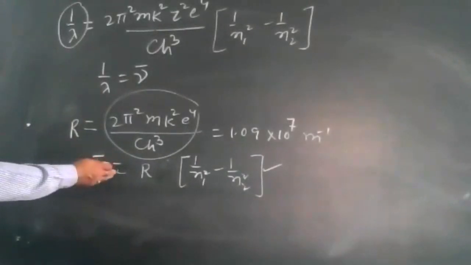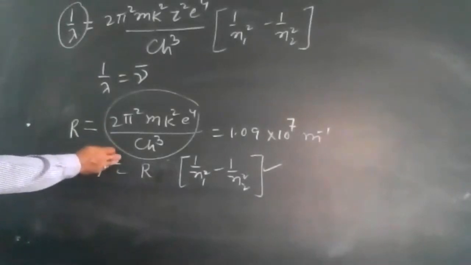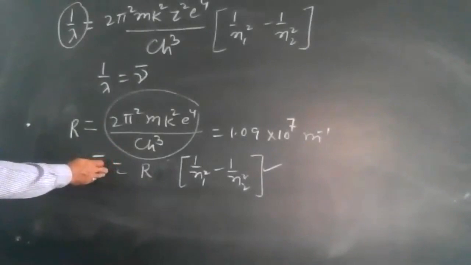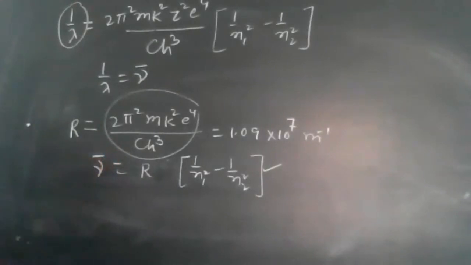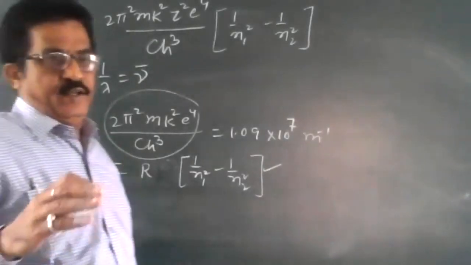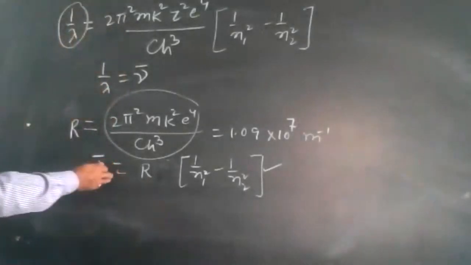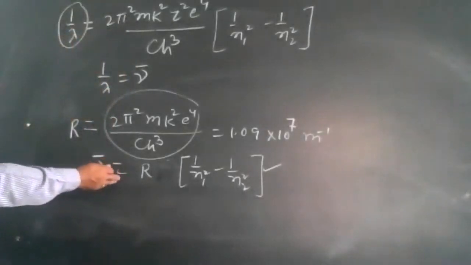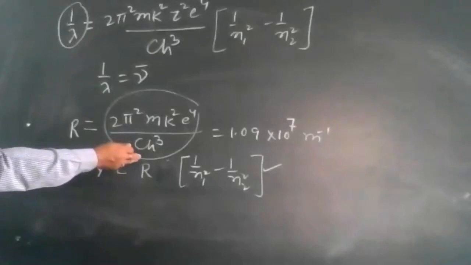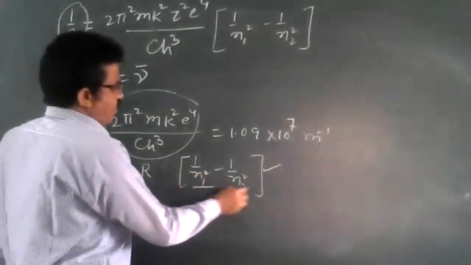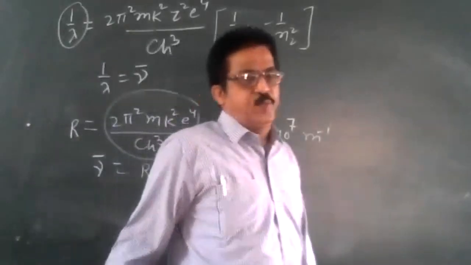So you can see here the wavelength, frequency or wave numbers of radiation emitted by excited hydrogen atom are not continuous. They have a specific value depending upon n1 and n2. That is explained here.